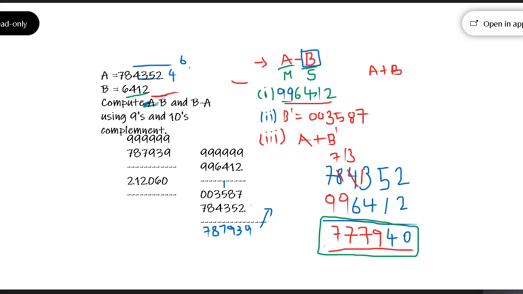Is it right for me to add two 9's or two zeros? If I add two 9's, the value becomes 996412, right? That is wrong. When you add zeros, the value will still be the same, 6412, correct?